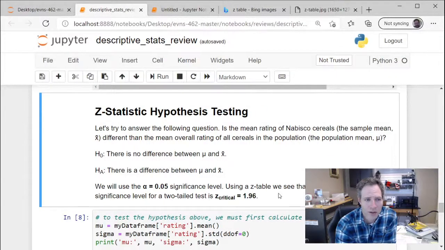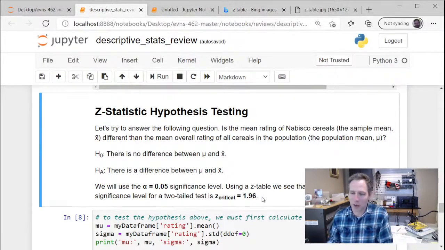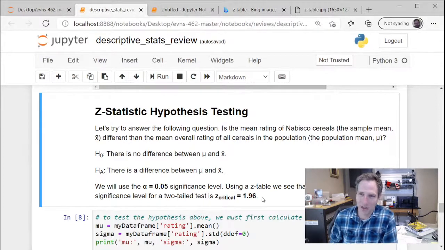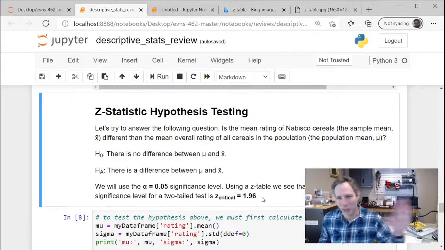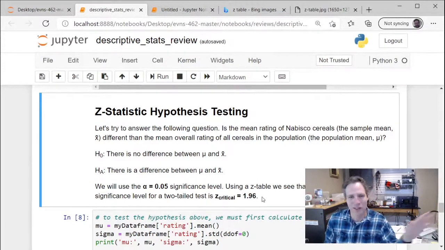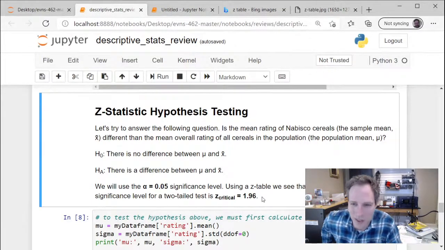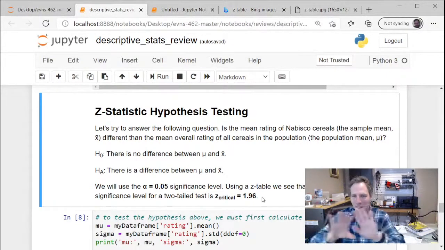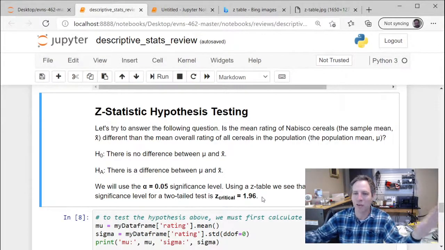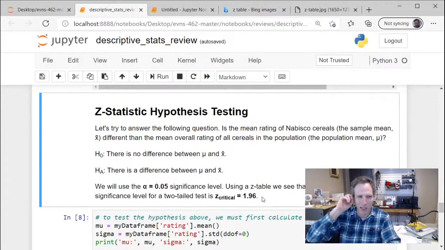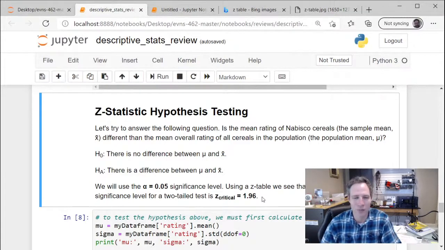So the critical value is negative 1.96, or, because we don't care about direction, positive 1.96. There are actually two critical values that would have us reject the null hypothesis: a z-score less than negative 1.96 or a z-score greater than positive 1.96. Both of those situations are sufficiently far away from the population mean to yield significance.